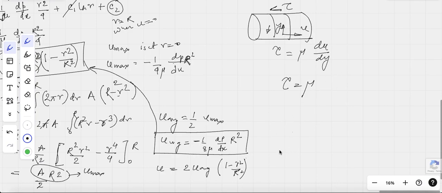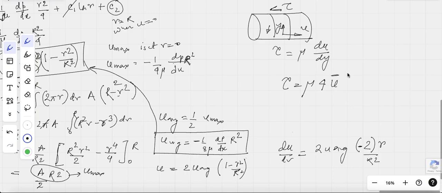differentiating this, du by dr is equals to twice u average minus 2 r by R square. Mu, this minus, as I told already, gets cancelled.